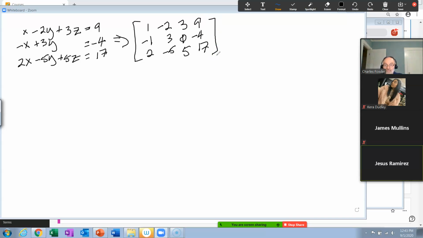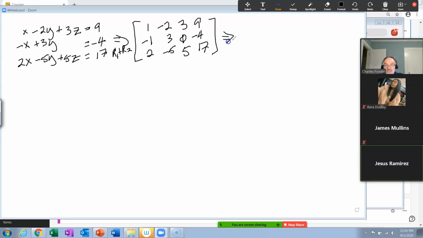Now, what do we want first? We got it. We got that 1 in the upper left position. That's exactly where we wanted it. What are we going to do next? We want zeros below it. Well, that's going to be easy to get this to be a 0. Just add row 1 to row 2. Row 1 plus row 2. All right.